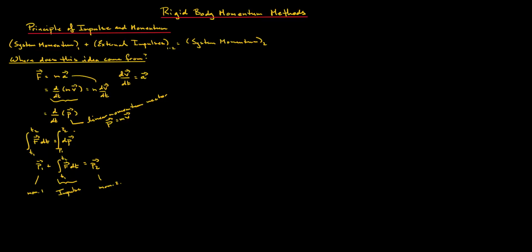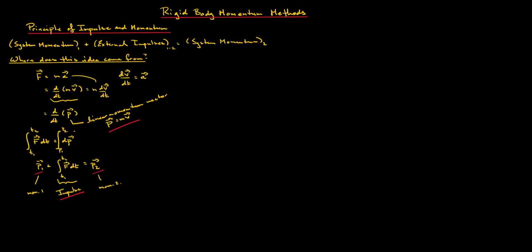So now, as we have seen in our study of rigid bodies, oftentimes it's not as straightforward as particle dynamics. That is, we might have additional terms that pop up. So the question is, here we have a linear momentum P, and we have an impulse that is the product of a force and time.